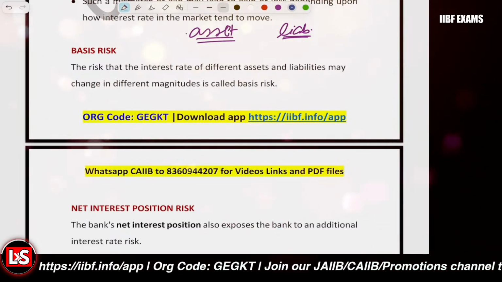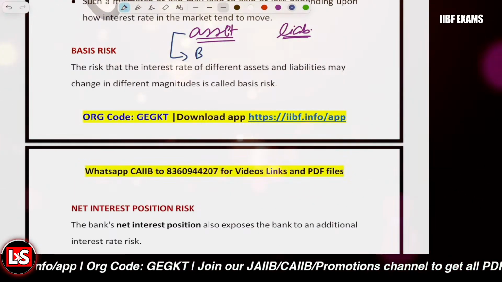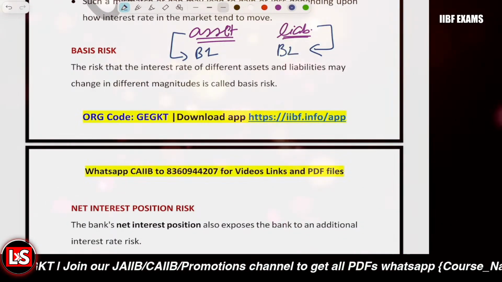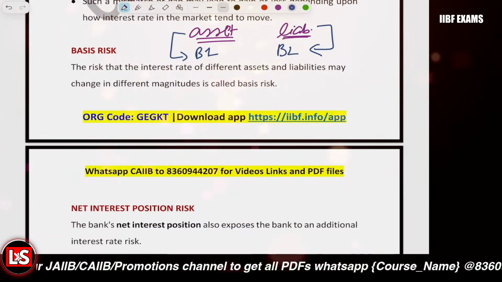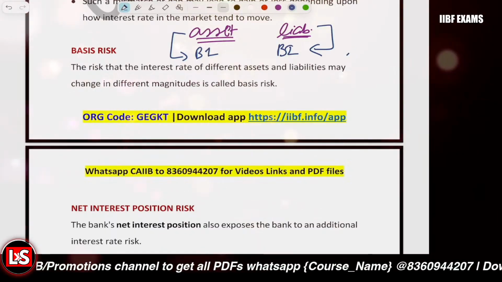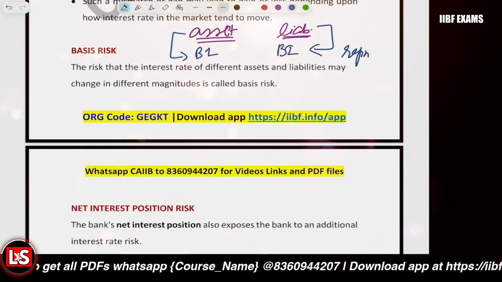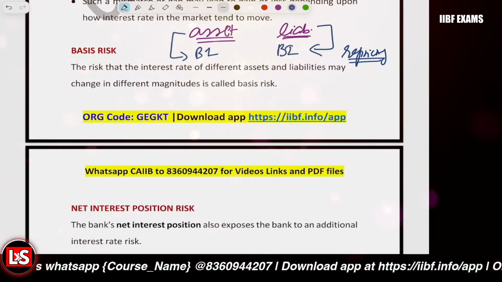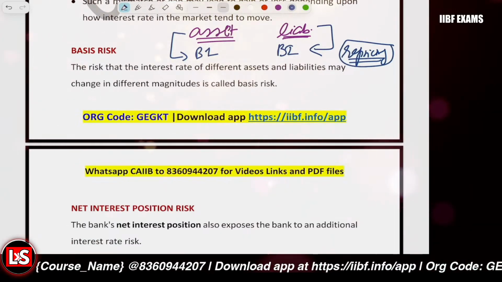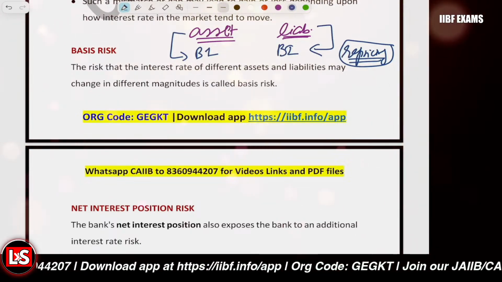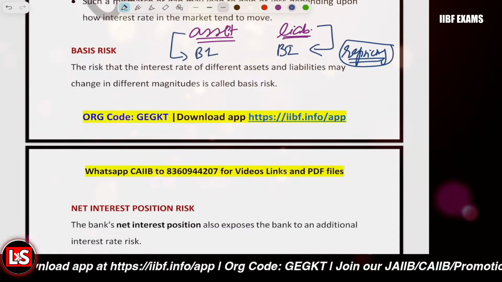Let's say the assets are based upon the benchmark B1 and the liabilities are based upon the benchmark B2, right? And the repricing is there, but the repricing was there in the opposite direction.